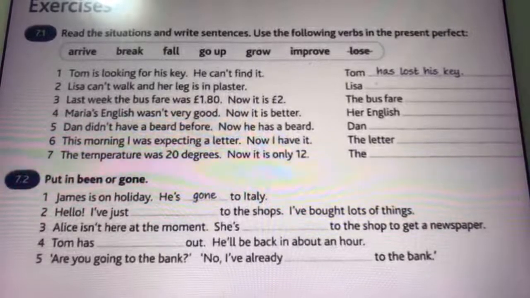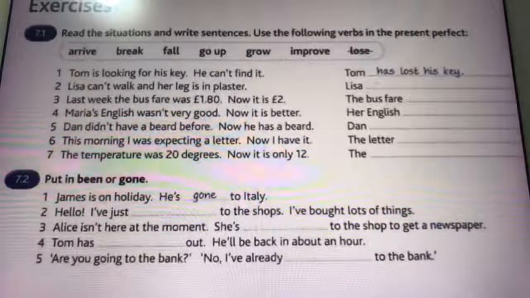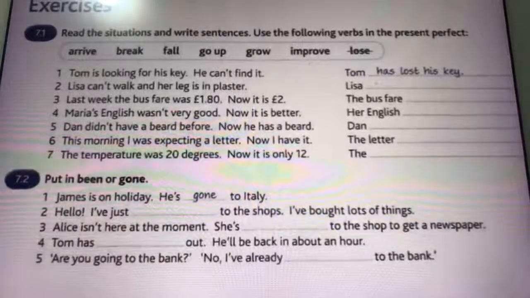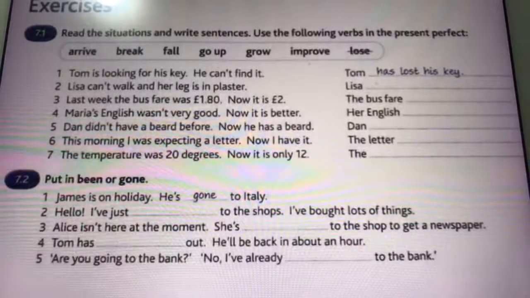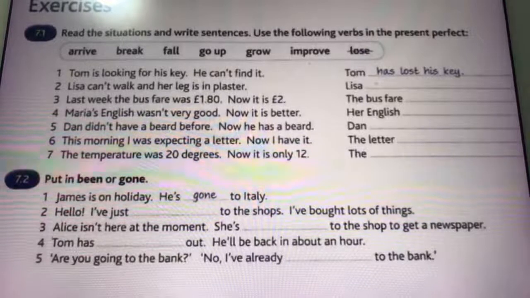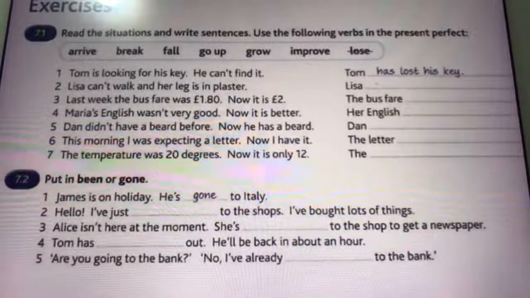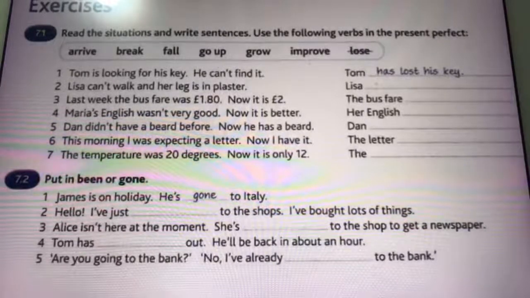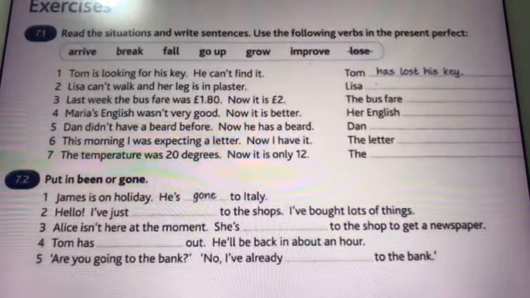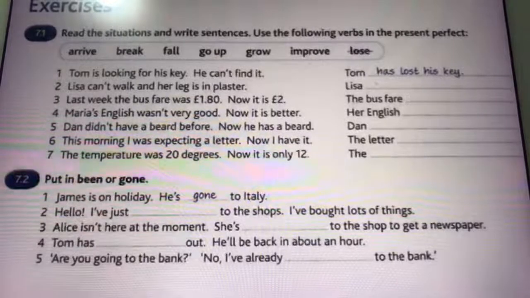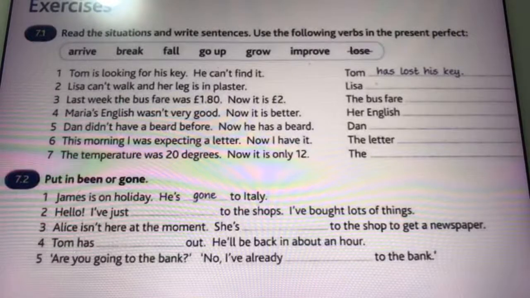Okay, number 5. Dan didn't have a beard before. Do you know beard? Beard, B-E-A-R-D. Here, the beard. Okay.